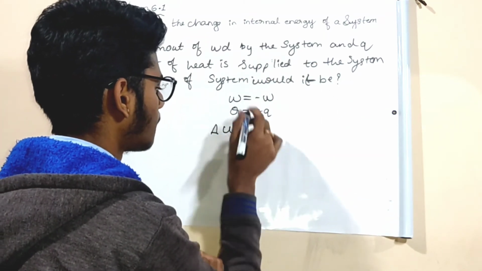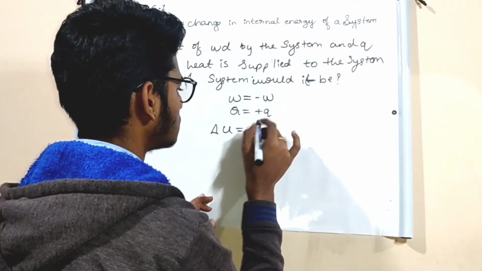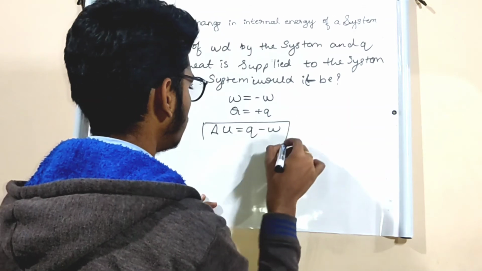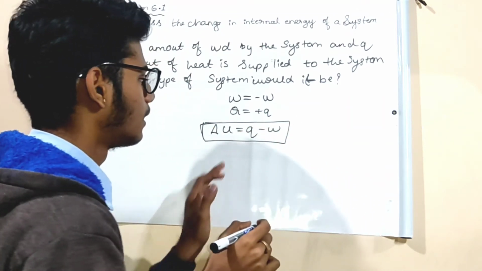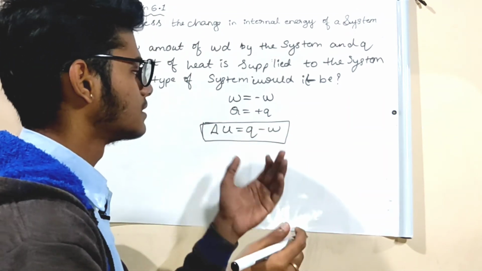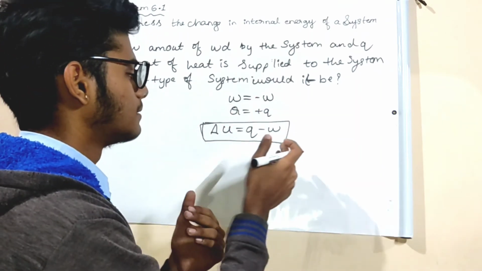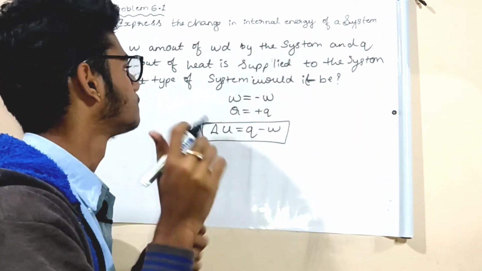So we will write this as Q minus W. This is the answer. Q amount of heat is supplied and work is done by the system.